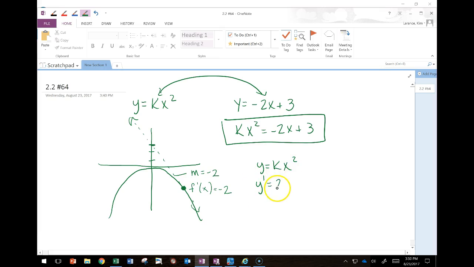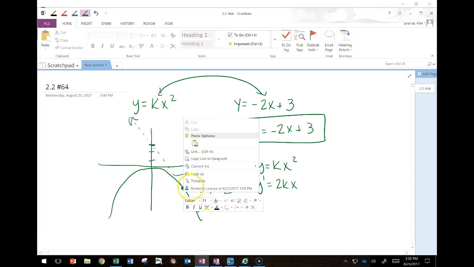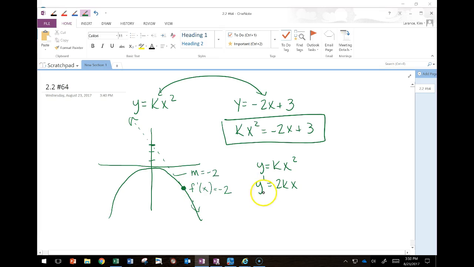Y prime equals 2kx. And again, the slope of the tangent line is given to be negative 2. This is the equation for the slope, so I'm going to set them equal. And solving for k here, k equals negative 1 over x. And that's my second equation that I'm going to use.